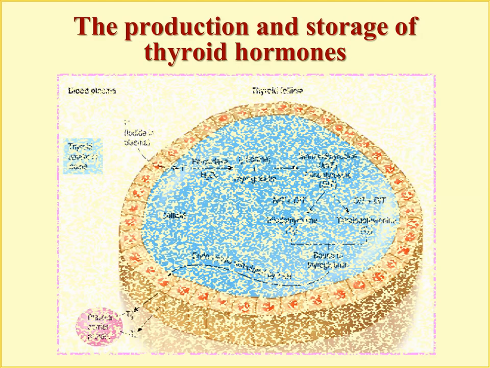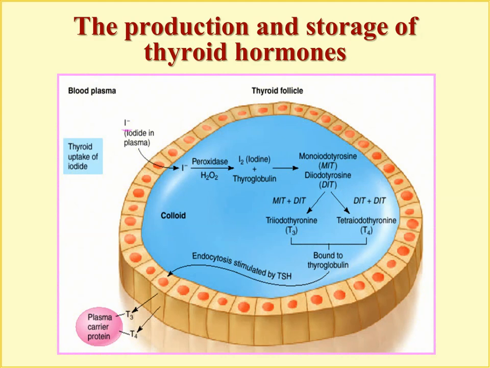Let's observe as a scheme. It may be easier for understanding. Let's follow. First, ion of iodine should be taken inside the colloid. Then, with the help of the enzyme peroxidase, iodine is formed as a molecular type and combined with thyroglobulin.